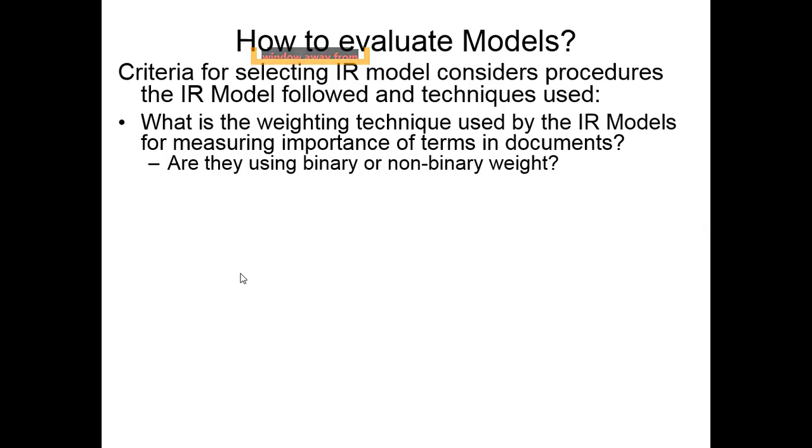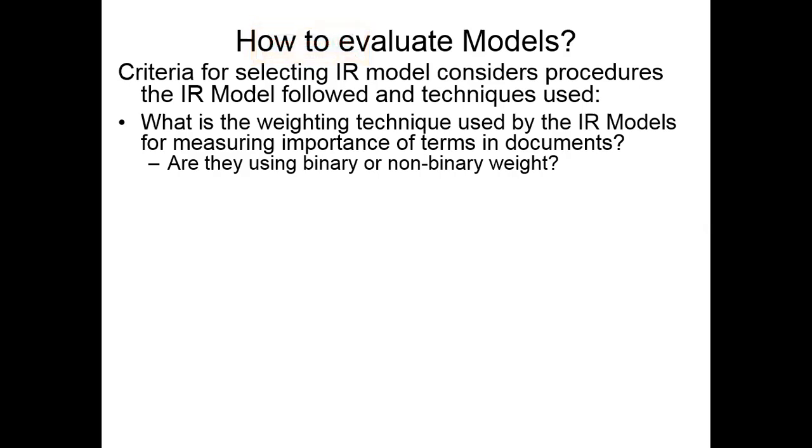Binary models are those which use the binary weight. Those IR models with binary weights depend just on zeros and ones. But those IR models which use non-binary weights depend on the frequency of occurrence of the terms.